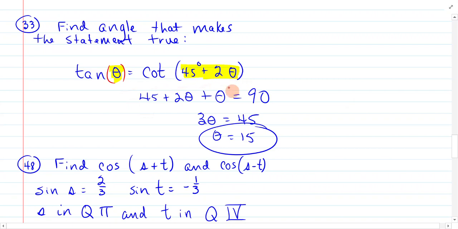Well, what we do know is that this and this have to add up to 90. So 45 plus 2 theta plus theta equals 90. We have 3 theta. Subtract this 45 over here. So we have 3 theta equals 45. Divide by 3. Theta must be 15 degrees to make that true.